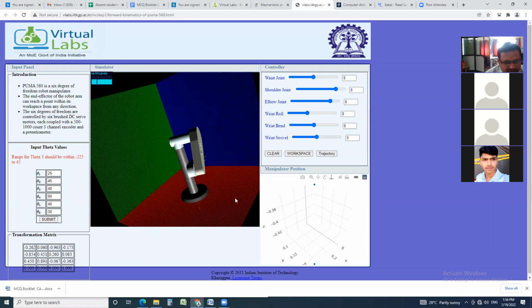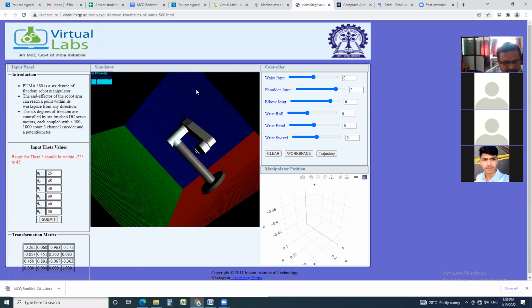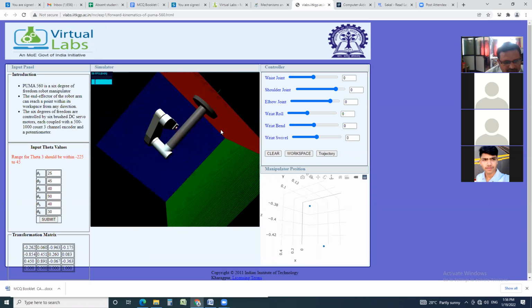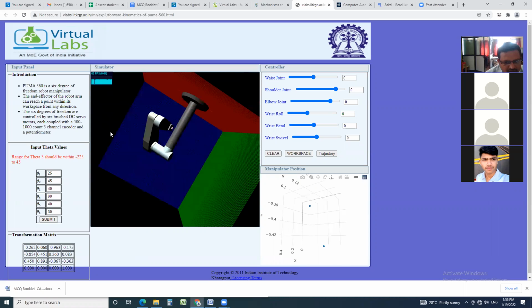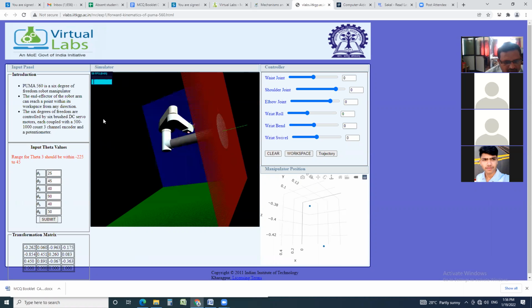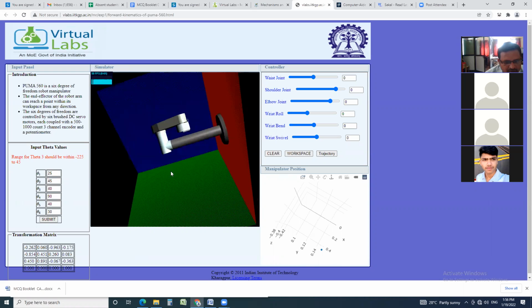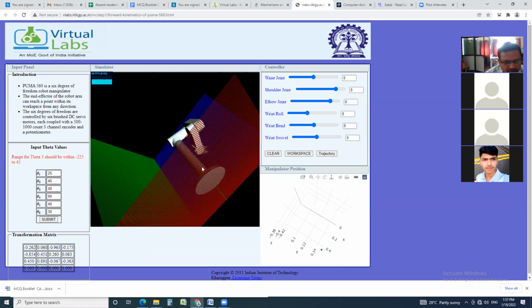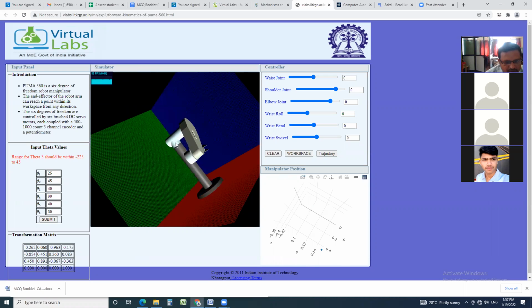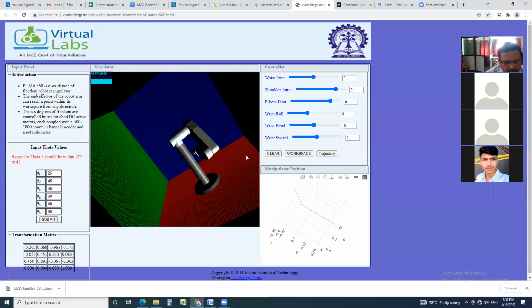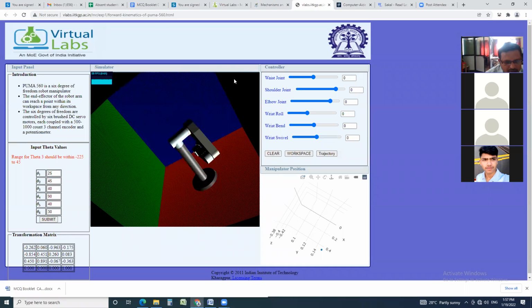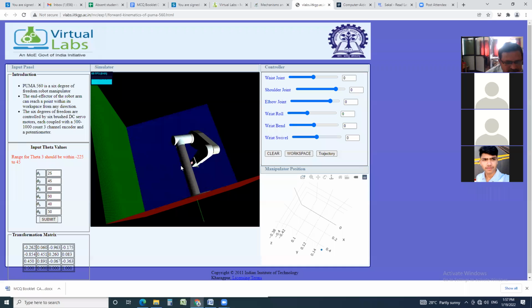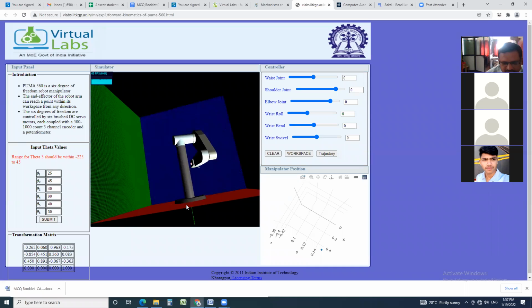Earlier the position was different. Now what is the position? See how it is looking. Earlier the position was different, now this position is different.